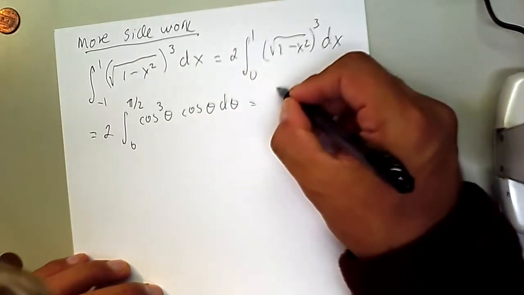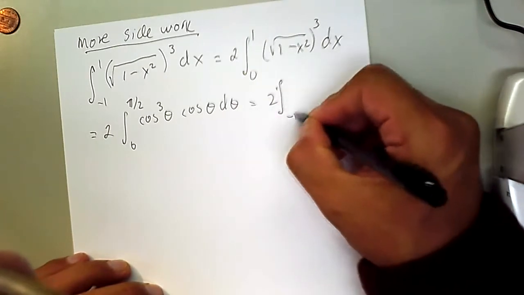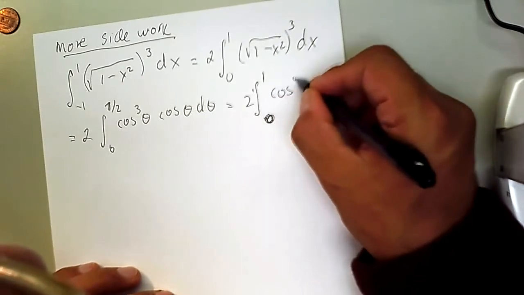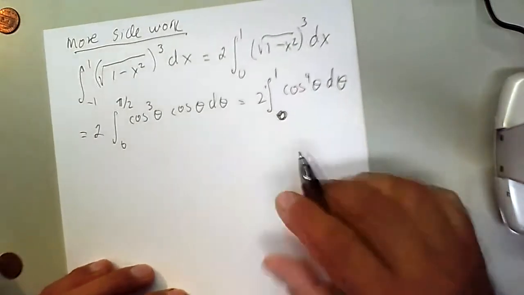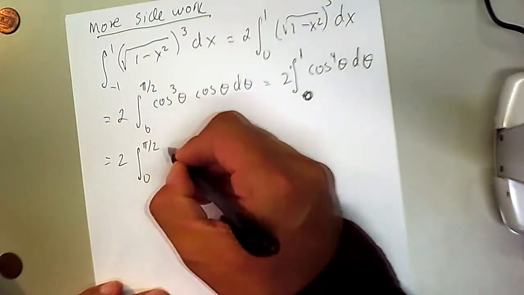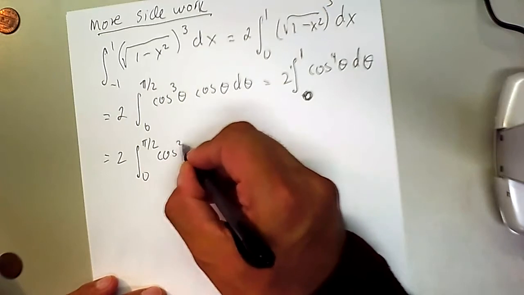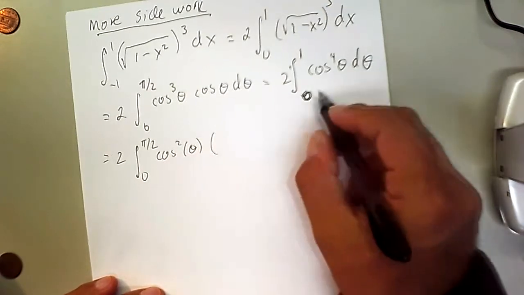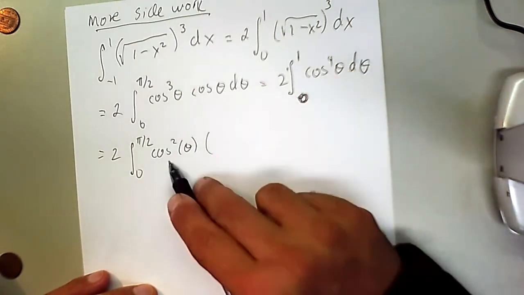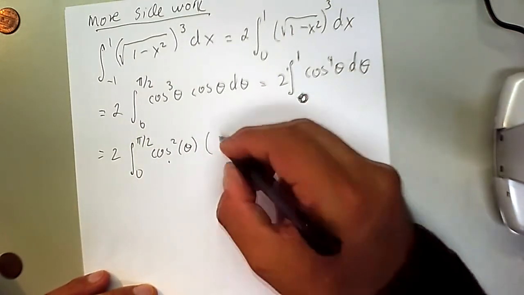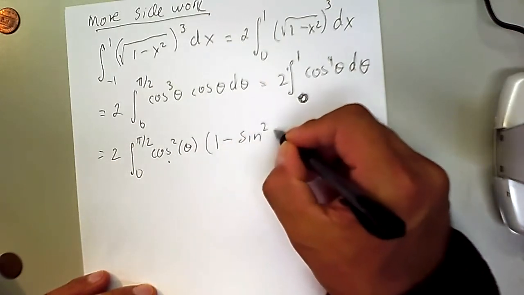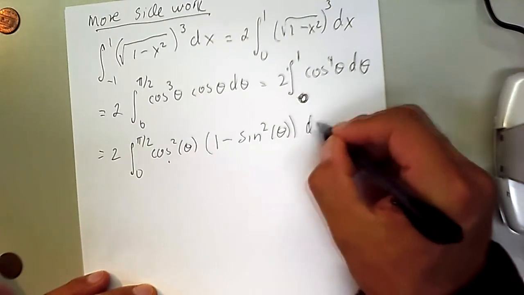So we're really integrating, from 0 to pi over 2, cosine to the 4 of theta d theta. Cosine squared theta. So I'm going to break this up into cosine squared times cosine squared. There's the one cosine squared. The other cosine squared, I'm going to replace it with 1 minus sine squared theta d theta.